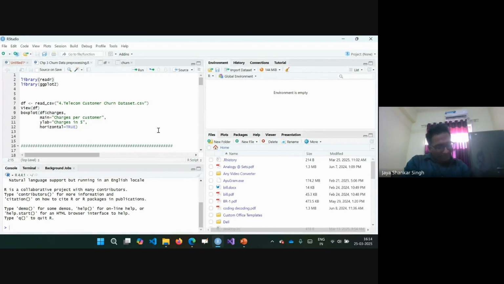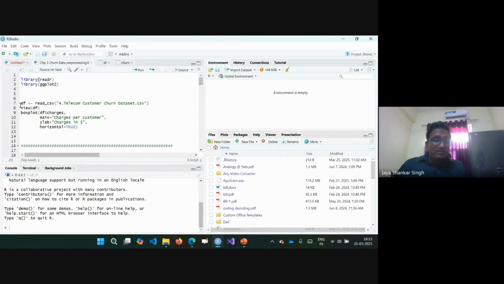Now, look at the library here. Especially in Python, if whatever has been written there starts with a name and then an opening bracket and closes with a closing bracket, that means library is a function. Anything followed by this bracket means it is a function. What do functions do?